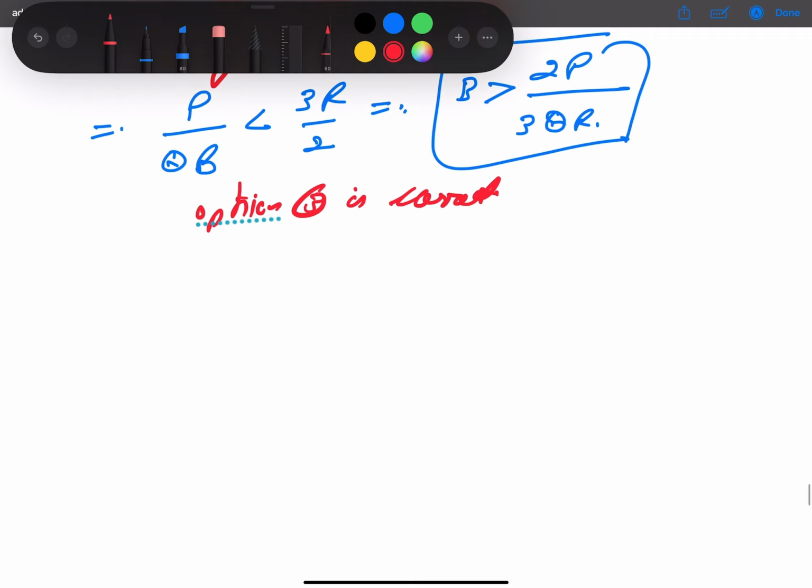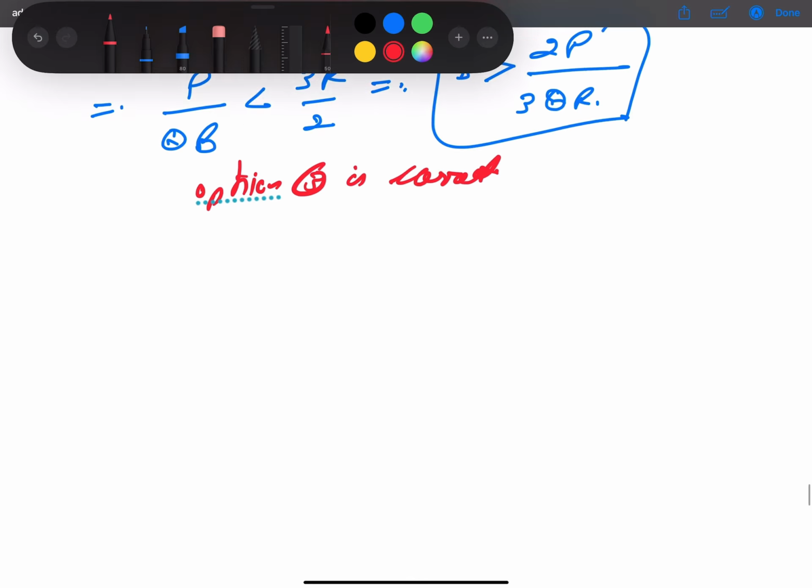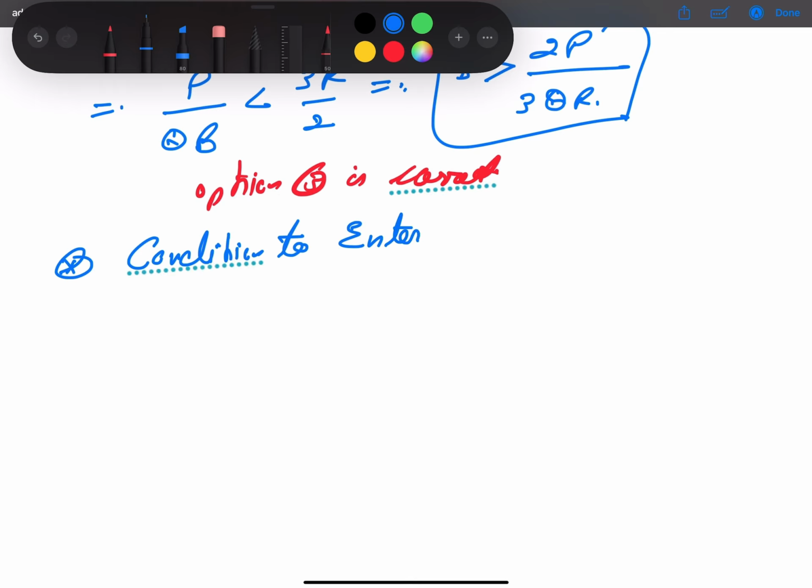Now, it says the condition to enter region 3 at P2.